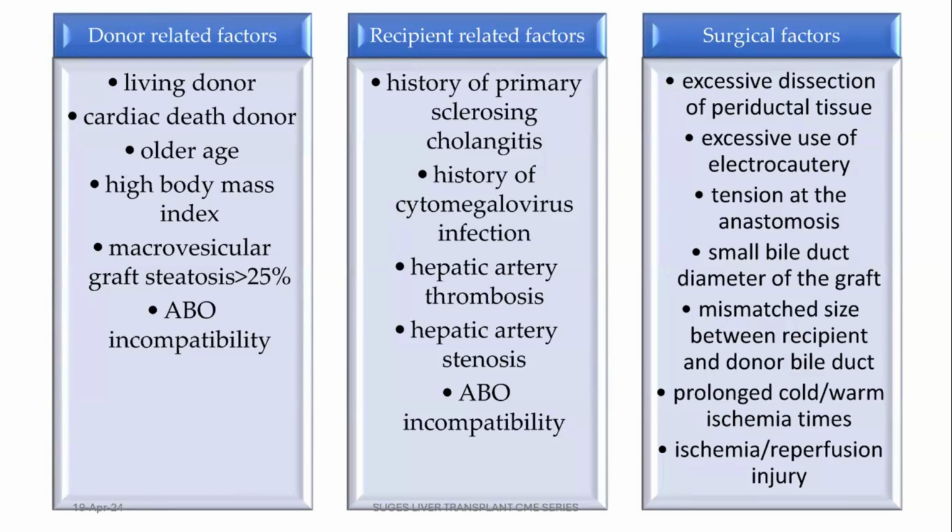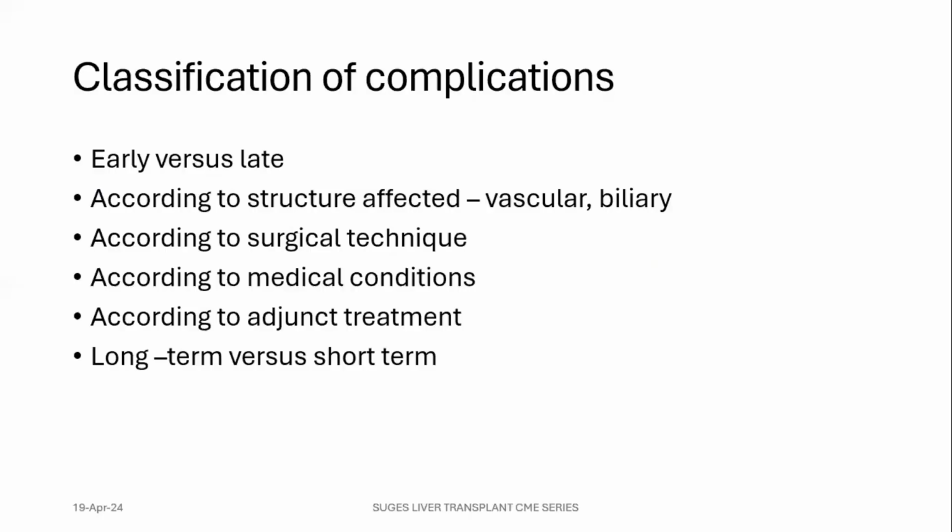and then other factors that come from ischemia and reperfusion injuries. I'm going to go into the details of the complications, but we first need to look at how we can classify them. We can have complications that are early or late. We can have them according to the structures affected, that is the vasculature or the biliary ducts. We may have complications that are associated with the surgical technique, like we talked about in the previous slide.